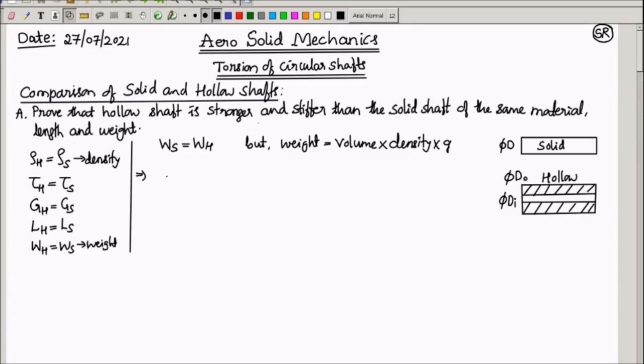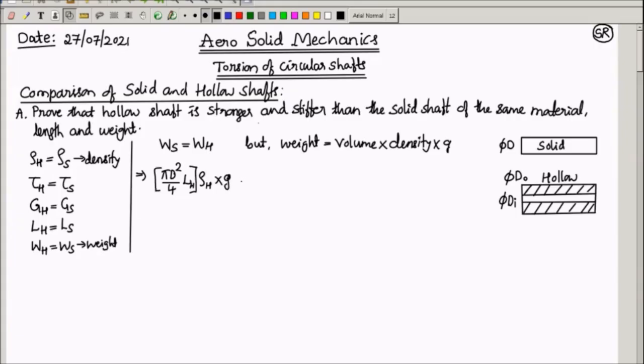Weight of the solid shaft is volume of the solid shaft into density into gravity. So volume of the solid shaft becomes pi into d square by 4 into L. This is volume of the cylinder into density. Density is rho, so I'll call it rho S and this as LS into gravity.